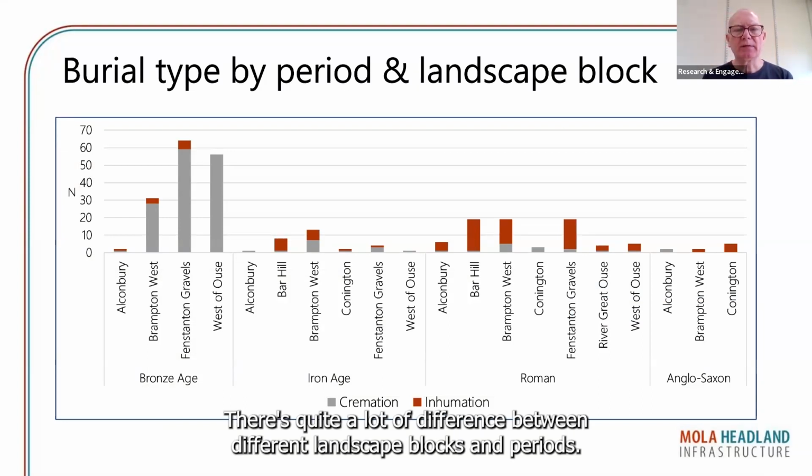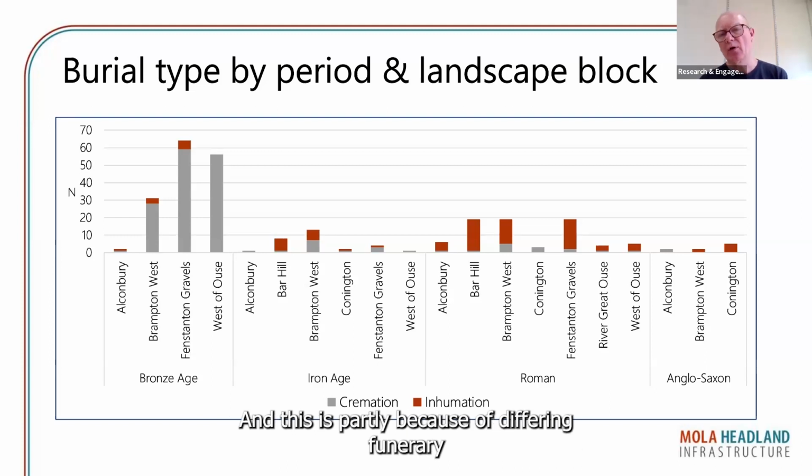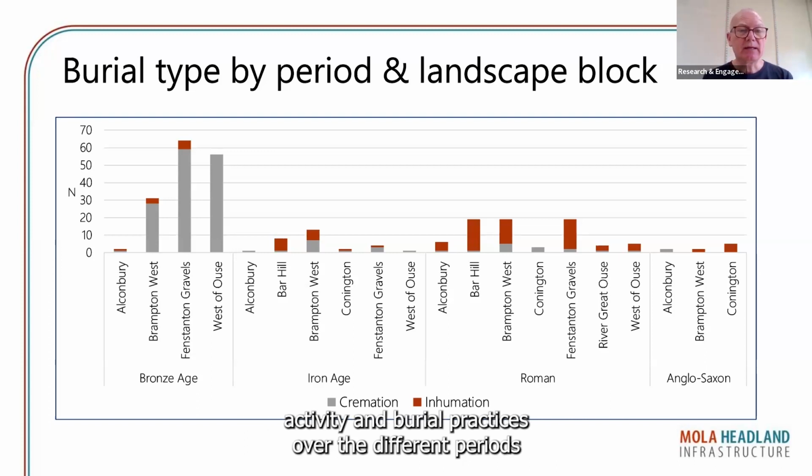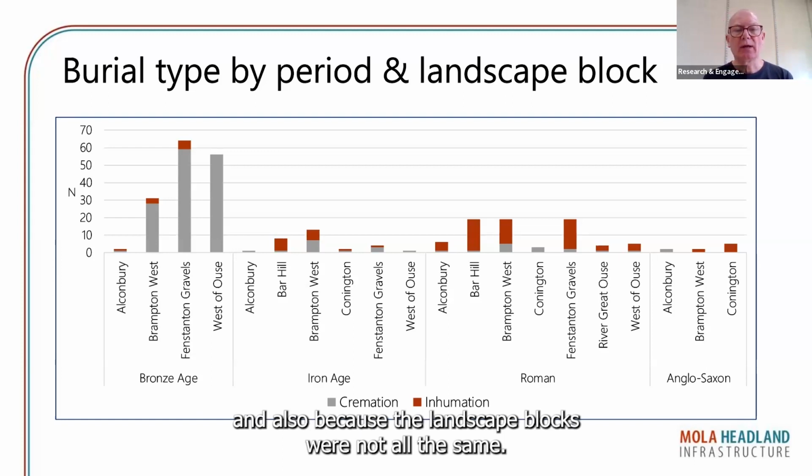There's quite a lot of difference between the different landscape blocks and periods, and this is partly because of differing funerary activity and burial practices over the different periods, and also because the landscape blocks are not all the same.